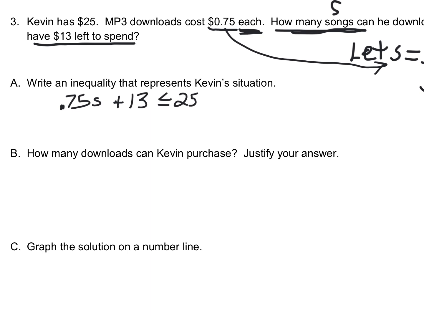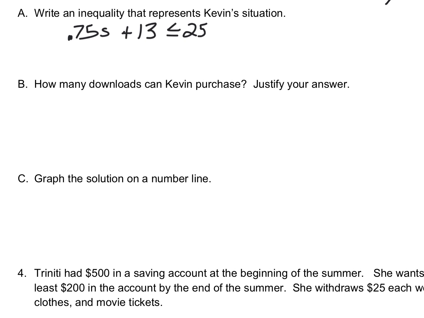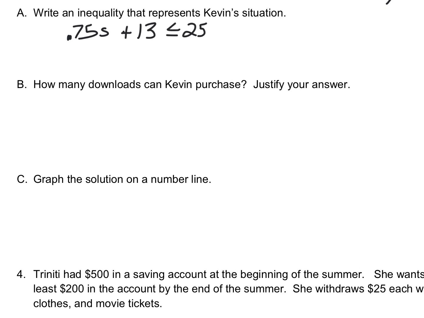Okay? Now, I would like you to solve that. You can go back to the other part of the video if you need to. Just rewind it and see what I did first and second in order to solve that. When you draw your number line, again, this total is 25. Look at the answer you have at the end, and then determine what your number line is going to be spaced by.